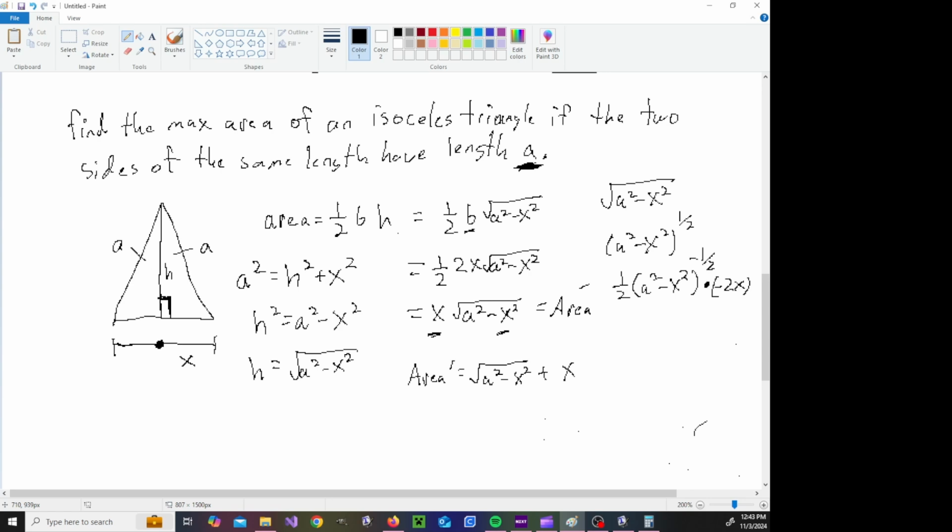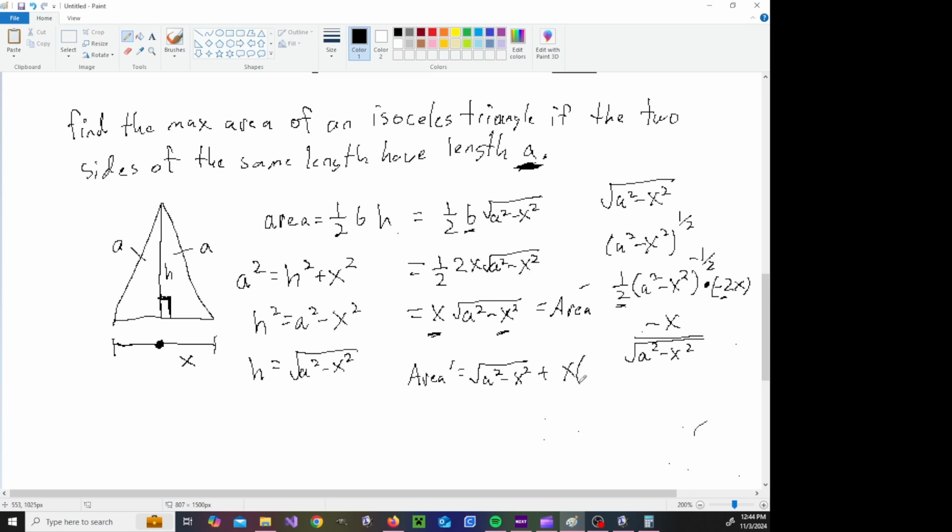So now I have 1/2 times a squared minus x squared to the negative 1/2 power times negative 2x. Well, I can rewrite this. First of all, this 2 here gets multiplied by this 1/2 and cancels. Also, the negative exponent means I can write this in the bottom. So a squared minus x squared to the 1/2 power means a square root. And then I'm multiplying by negative x on top.